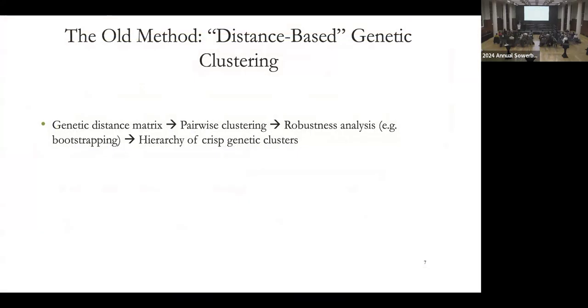In the past, the way that population geneticists would sort organisms into populations was according to a method called distance-based genetic clustering. So basically, you'd have your sort of lowest unit of clustering, a lot of times a local panmictic unit, a randomly mating group of organisms.